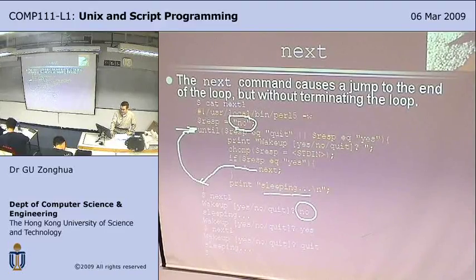And come back and print wake up. You say yes. Then it goes to next, which is the end of the loop before the curly brace, and jumps back to the top until. And the until condition evaluates to true because response is equal to yes, then you exit the loop.